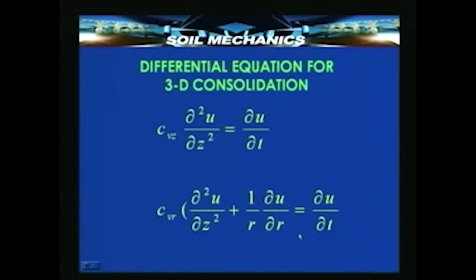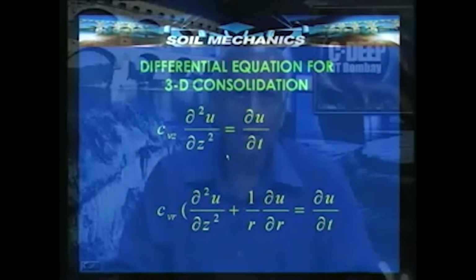These are the ones which need to be now solved in order to get the results of degree of consolidation and its relation to the time factor capital T. Next, if we see this slide, what we are seeing here is a method to solve the equation in order to get the values of u, uz and ur.